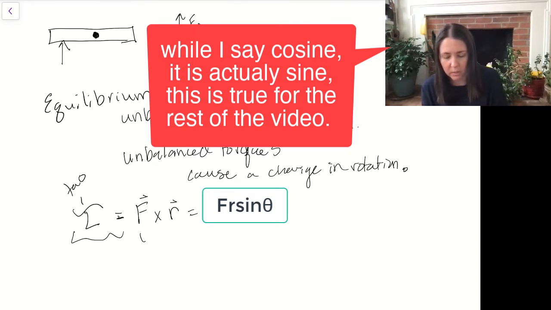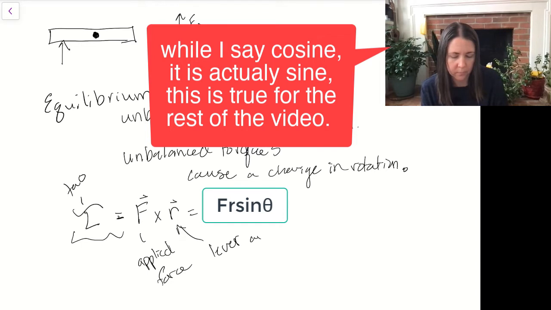So this would be the applied force. And R is oftentimes called the lever arm, or the distance from the axis of rotation.